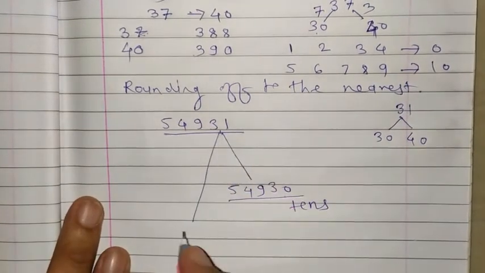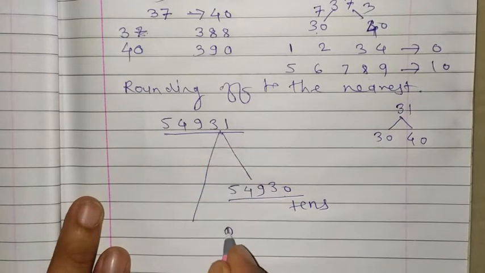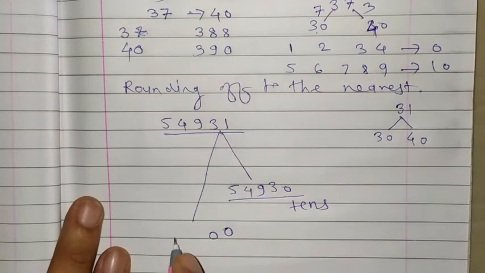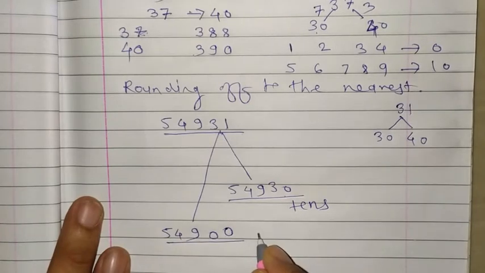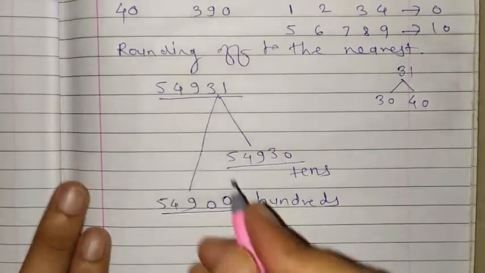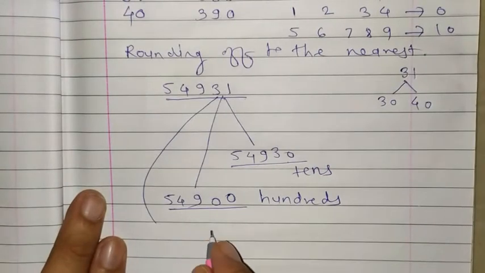Now in the last 2 digits I want 0. So 1 and 3. The 3 is a lesser number, less than 5, so the rest of the digits stay as they are. This number is known as rounding off to the nearest 100, because the last 2 are 0. Next example, in the last 3 digits I want 0.